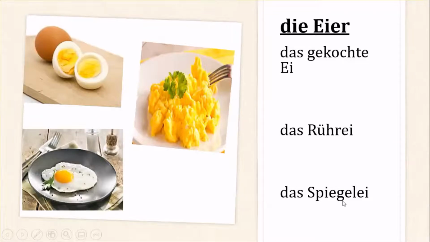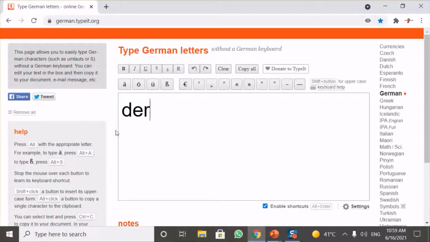Then we have the fried egg, which is das Spiegelei. So the word Ei is still the egg, but there is another word which is not a verb but a noun, which is der Spiegel. Der Spiegel is the mirror.